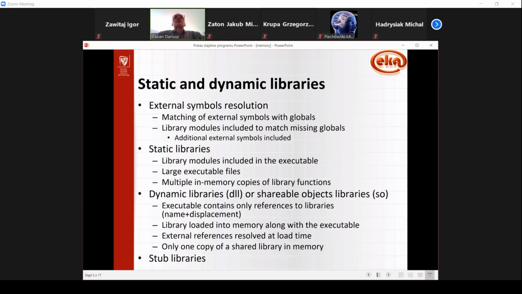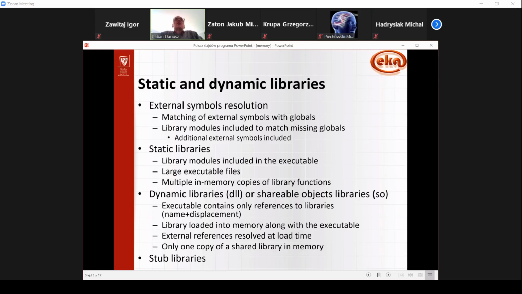So you avoid the multiple copies that occur in the case of static libraries. This type of library, in the case of Linux, is called shareable objects. It's exactly the same idea. The only difference is with the formats, of course, because each operating system has its own formats for how to store such libraries. So they cannot be interchanged, but they work exactly the same.